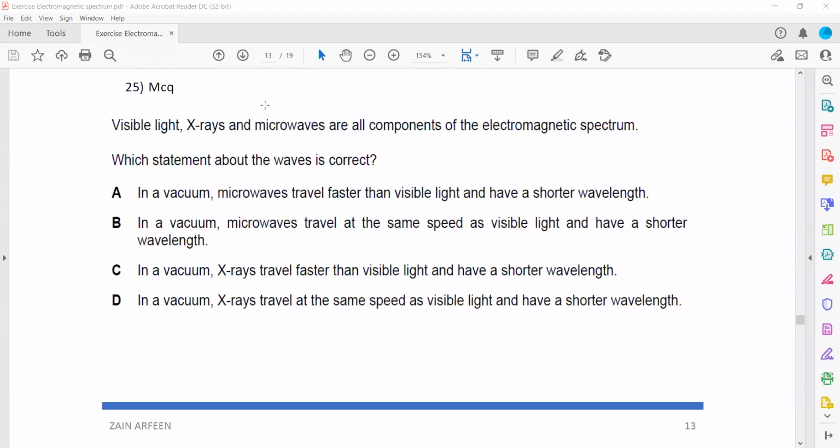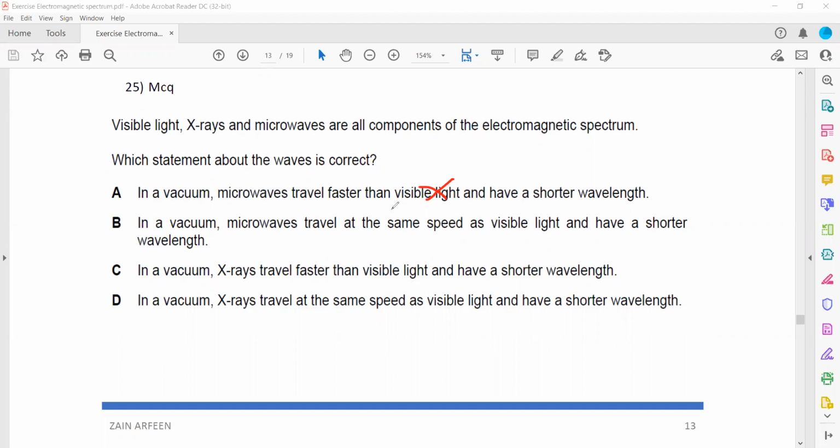In 25, visible light, X-ray, and microwave are all electromagnetic. Which statement is correct? In vacuum, micro travels faster, that is wrong. In vacuum, micro travels at the same speed as visible. So micro and visible both travel and have a shorter wavelength.